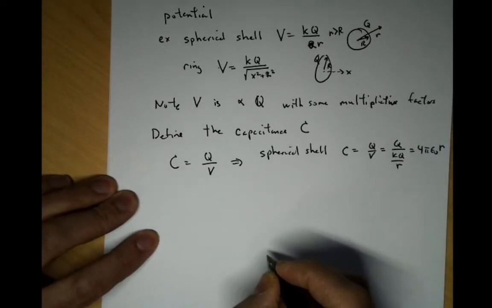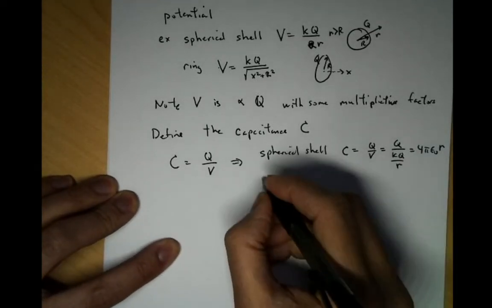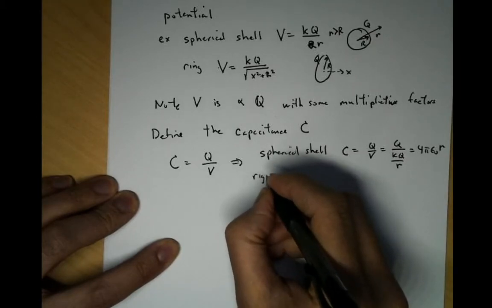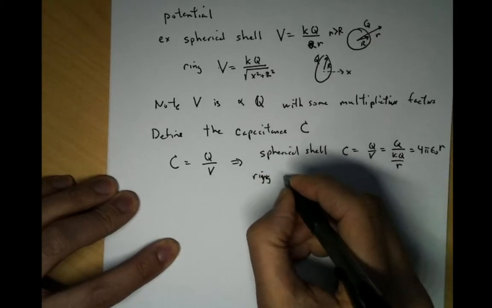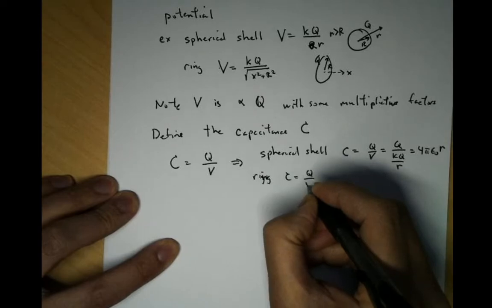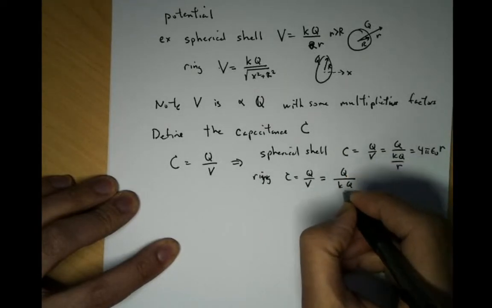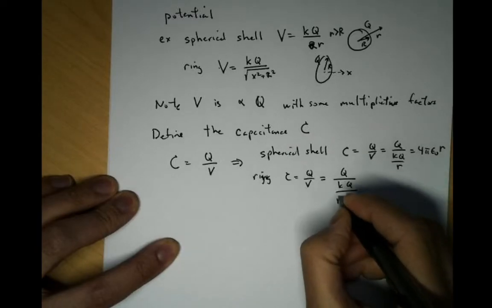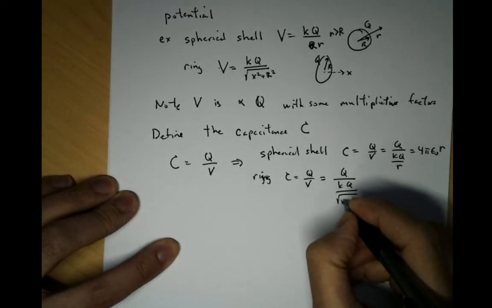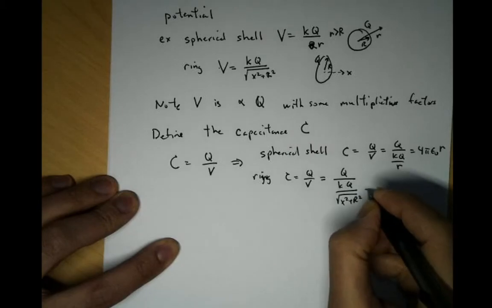Okay, and then we want to do it for a ring. C is equal to Q over V. That's going to be Q over KQ again over square root of X squared plus R squared.